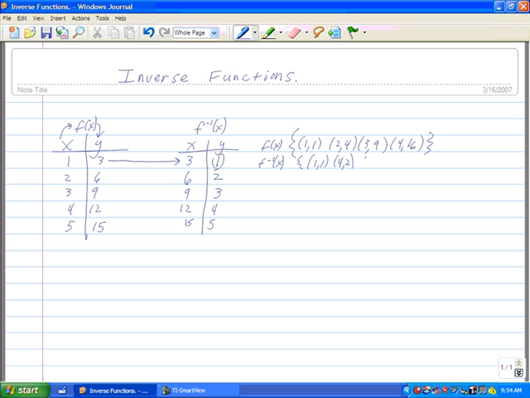And we'd have (4, 2), (9, 3), and (16, 4). And that would be your inverse function.